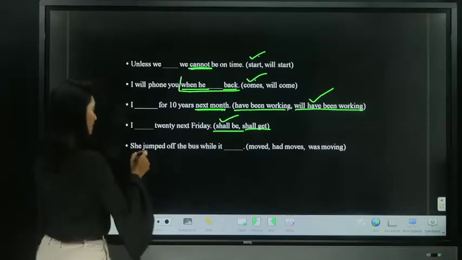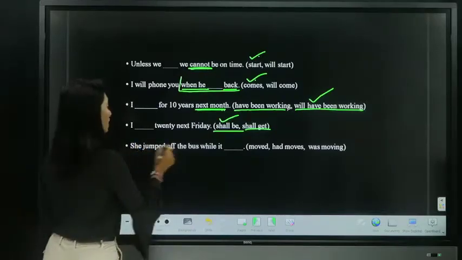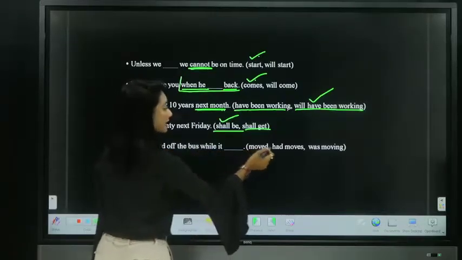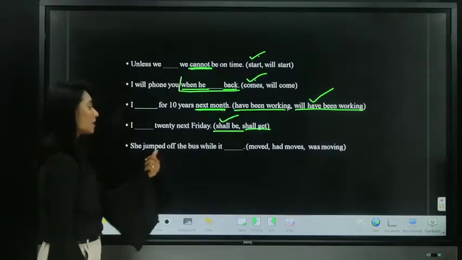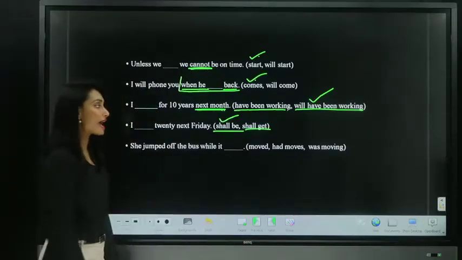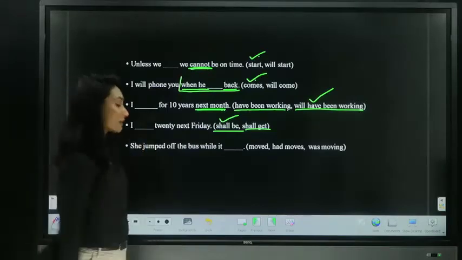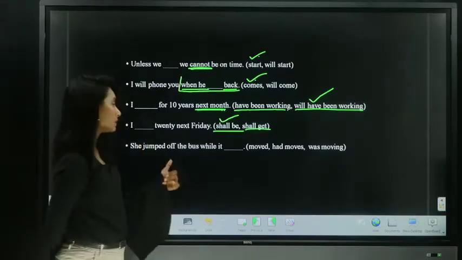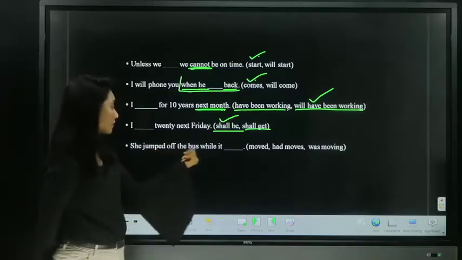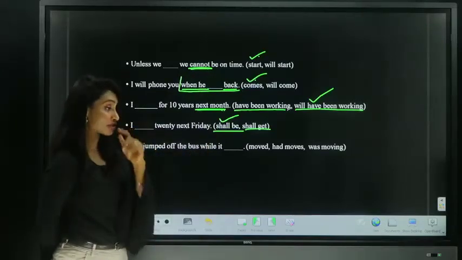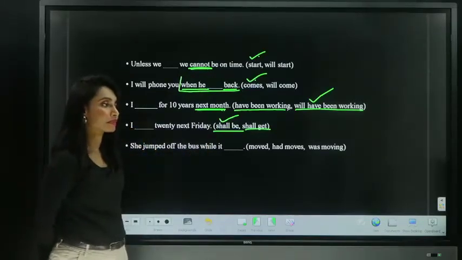So next one. Last one here. She jumped off the bus while it was moving. Yes, Sunny, you're also right. Quick, answer this one.